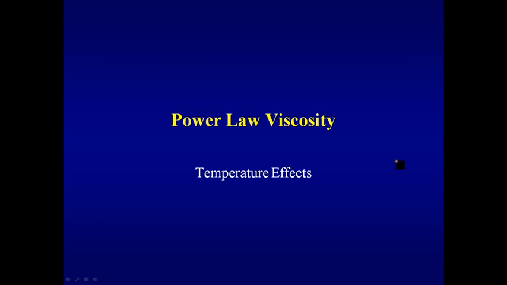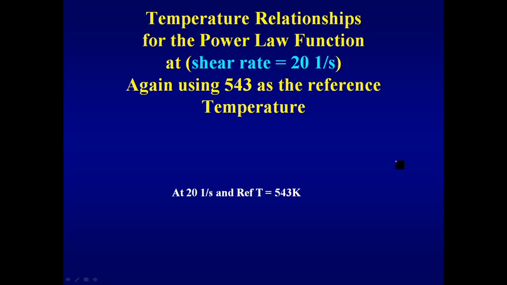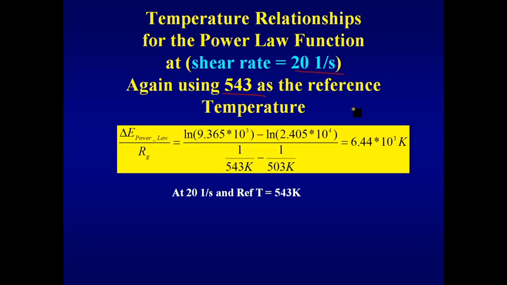So now we're going to do the same thing with the power law viscosity. Here we're going to go at 20 reciprocal seconds, which is well into the power law region, and again we're going to use 543K as a reference temperature. We do the same type of Arrhenius function to get the activation energy at the 2 temperatures and the 2 viscosities.